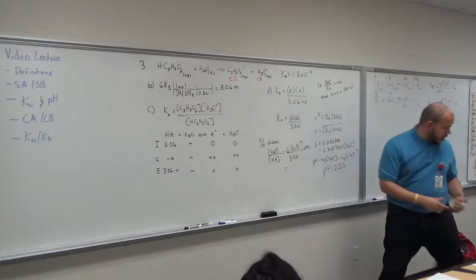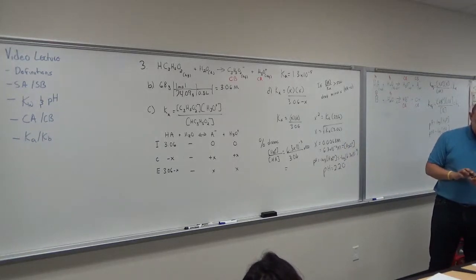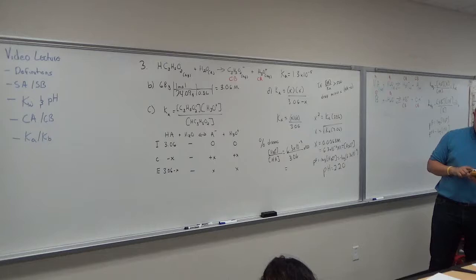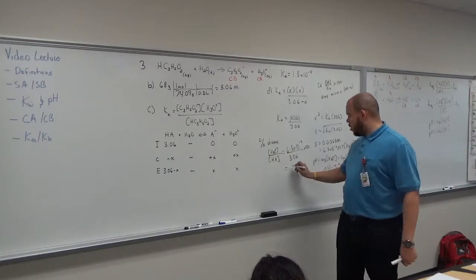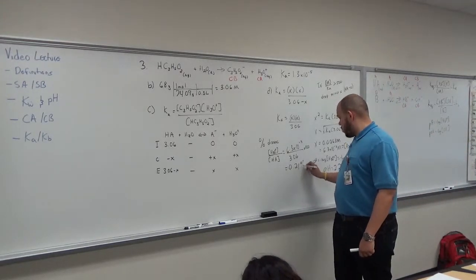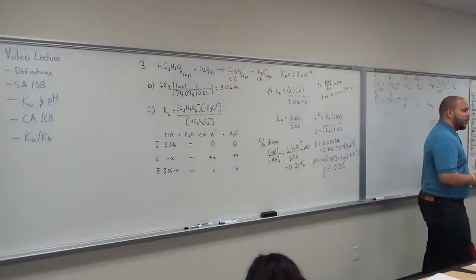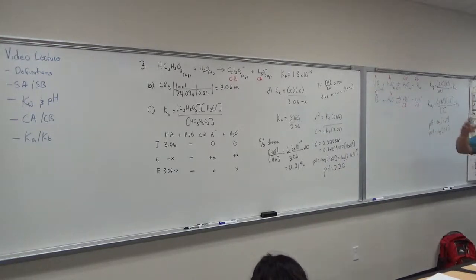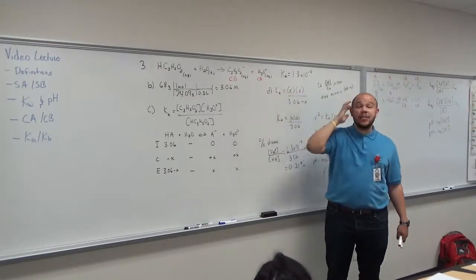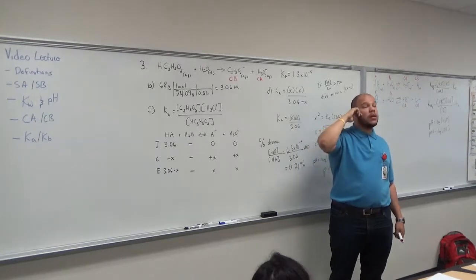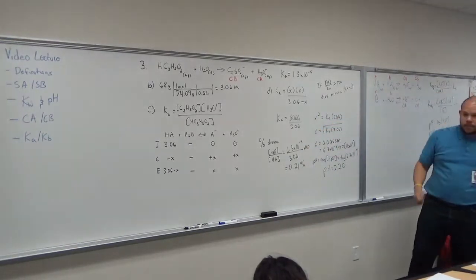And we see that this percentage is still extremely minuscule, right? 0.21% dissociation, so we're dealing with less than 1% of your acid actually dissociated. Less than 1% of the hydrogen proton is being transferred over to water, right?